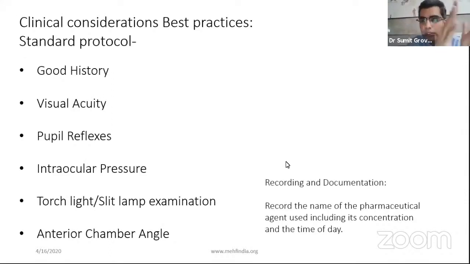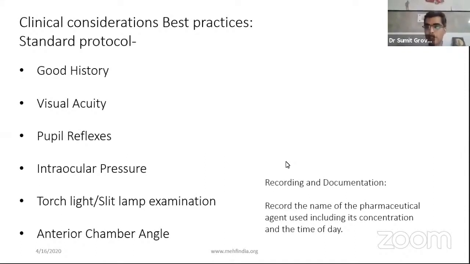Now, after having known all these things, I think we should have our own clinical considerations, and we should develop our own best practice and standard protocols. So we should take a good history, visual acuity, pupillary reflexes, intraocular pressure, torchlight examination, or the slit lamp examination, which is best, and the anterior chamber angle.